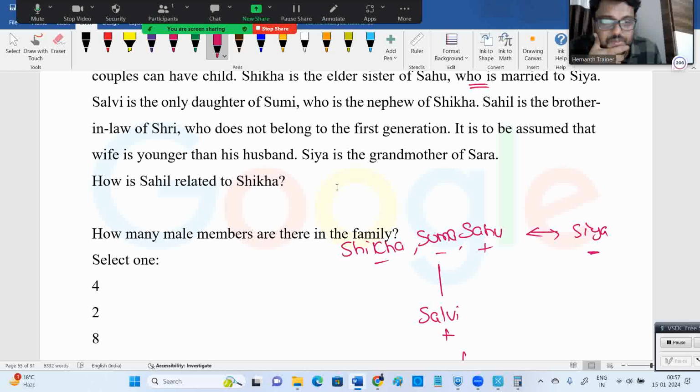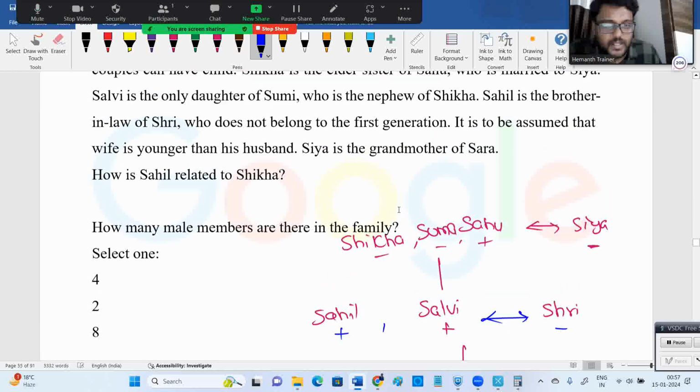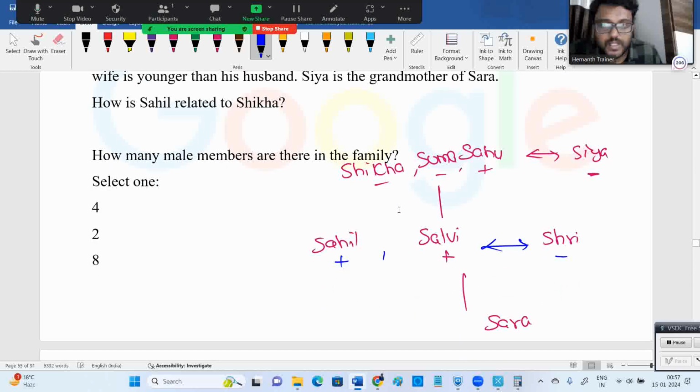Sahil is the brother-in-law of Sri. Maybe Sri here, Sahil here. Sahil is the brother-in-law of Sri, so these two people might be a married couple. Spouse's brother is brother-in-law. Might be a possibility. How is Sahil related to Shika?